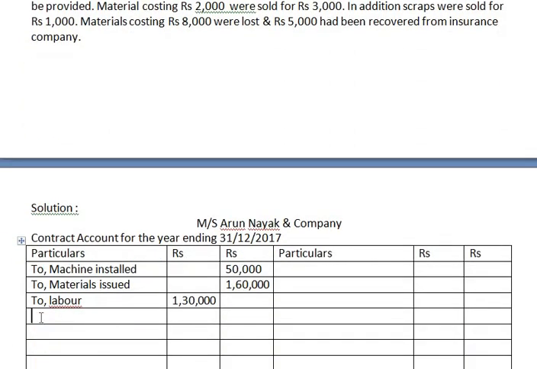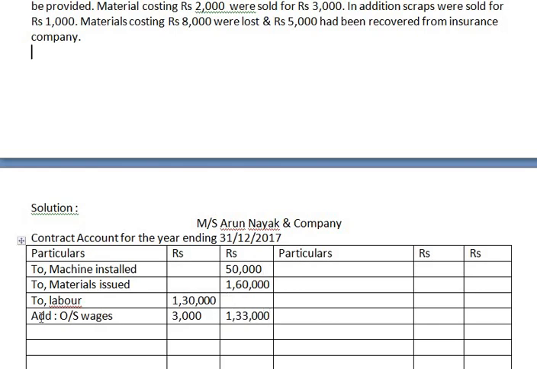Add wages accrued, or you can write outstanding wages, and the amount is 3,000 rupees. It is 1,33,000.